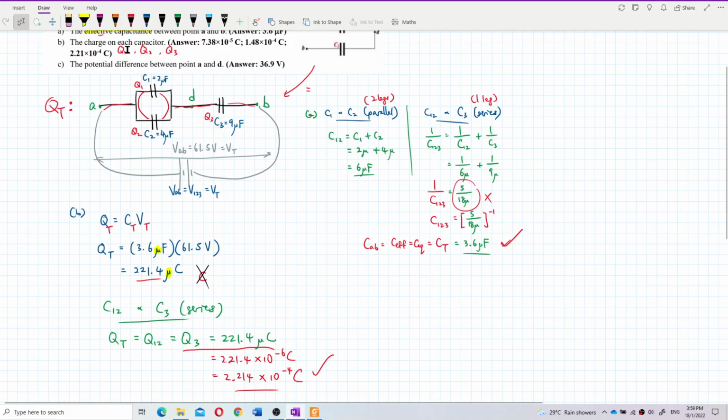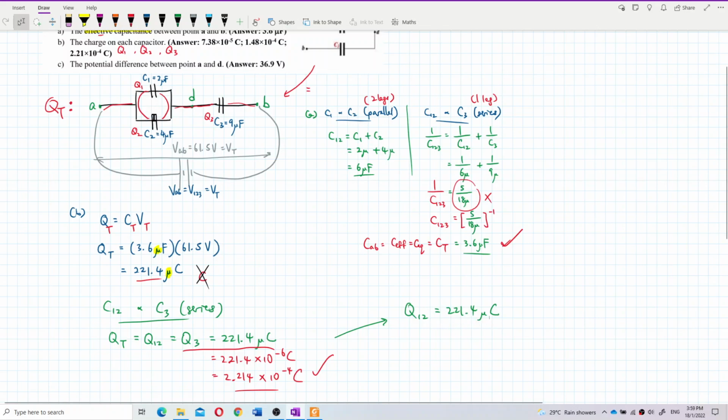Now, how about Q1 and Q2? How am I going to do it? From here, I got Q12 is 221.4 microcoulomb. So I know that the total charge between Q1 and Q2 is 221.4 microcoulomb.